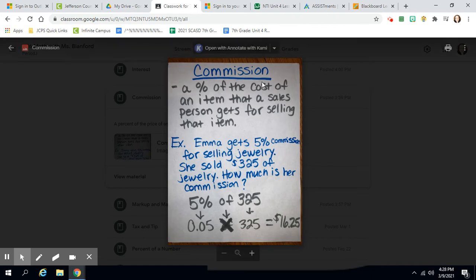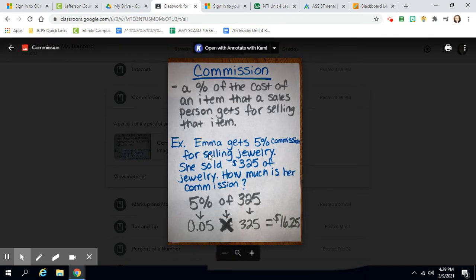So commission is a percentage of the cost of an item that a salesperson gets for selling that item. So for instance, not everybody who sells things gets commission, but in this example, I have Emma. I'm thinking of those little kiosks in the middle of the mall that just sell different items.